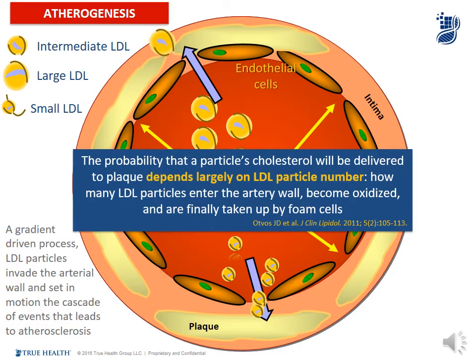So that's why LDL particle count, or ApoB, are at the top of the metrics related to lipoproteins that are associated with atherogenic risk.